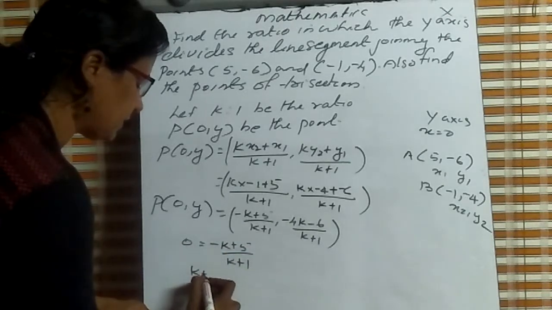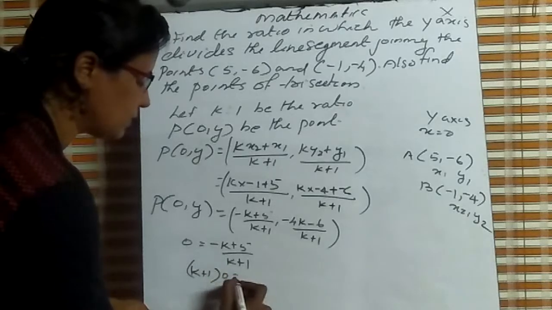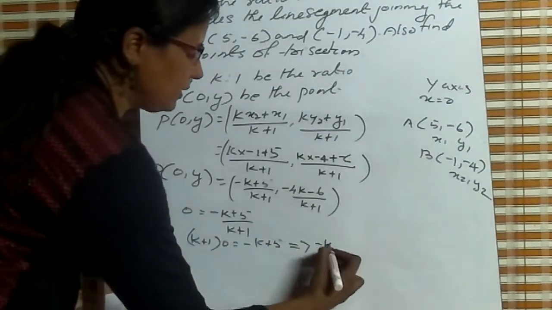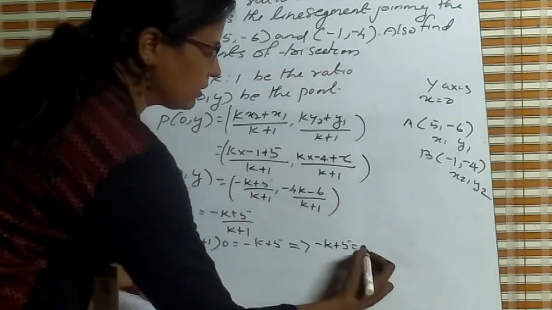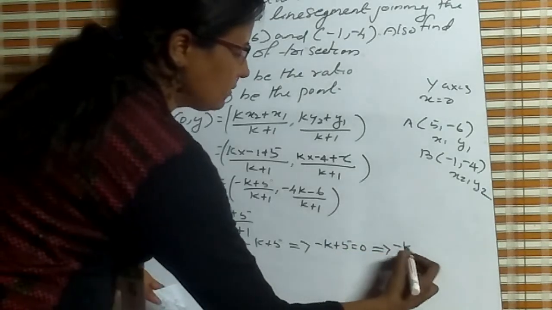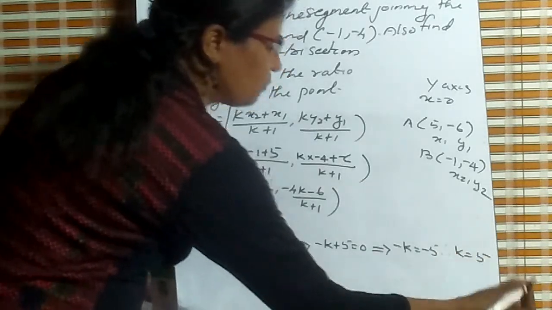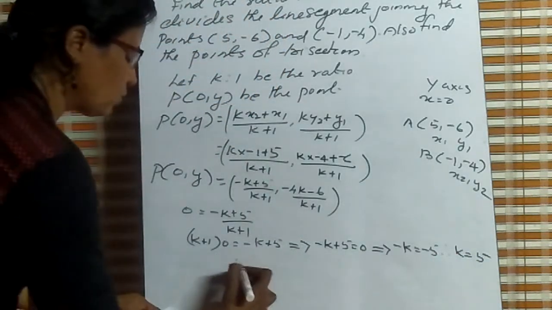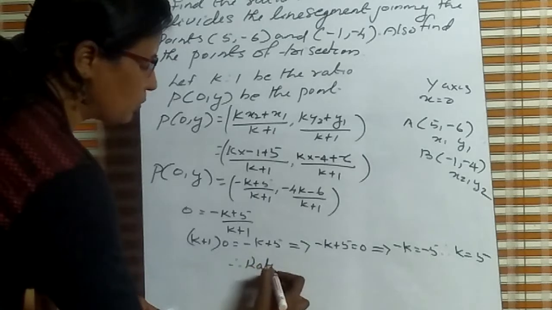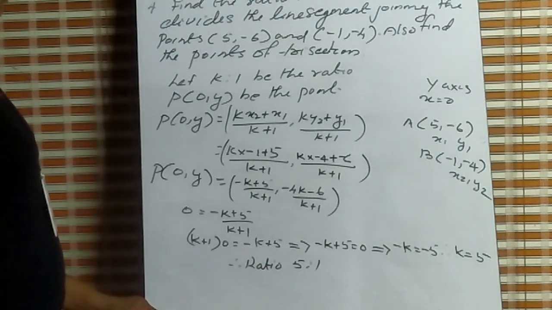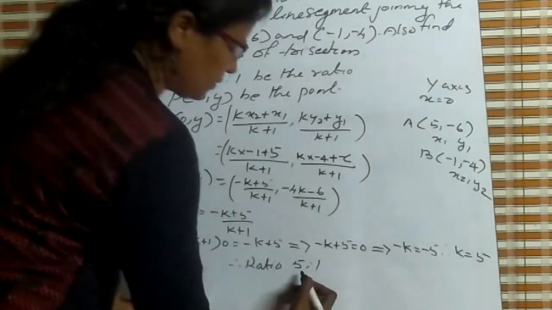Cross multiplying, -k + 5 equals 0, so -k equals -5. Therefore, k is equal to 5, and the ratio is 5:1.